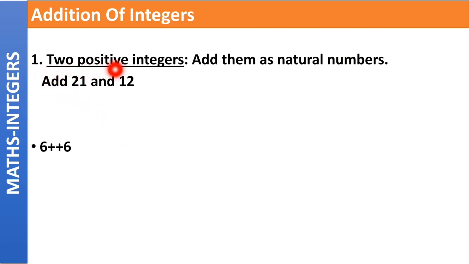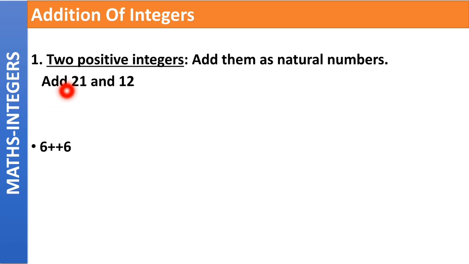First possibility is that we have two positive integers and then we have to add them. How do we do that? We simply add them as natural numbers. For example, add 21 and 12.